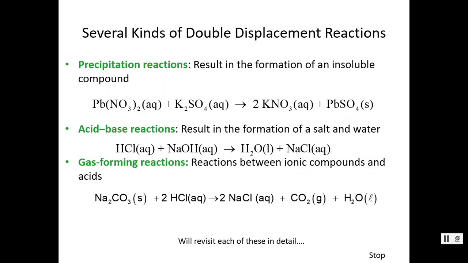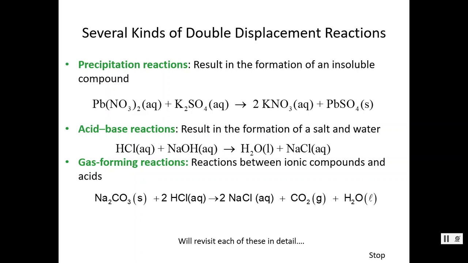We'll talk later in the chapter about how we determine what ionic compounds are soluble or insoluble. But those double displacement reactions that produce a product that is a solid or is insoluble, those are precipitation reactions.